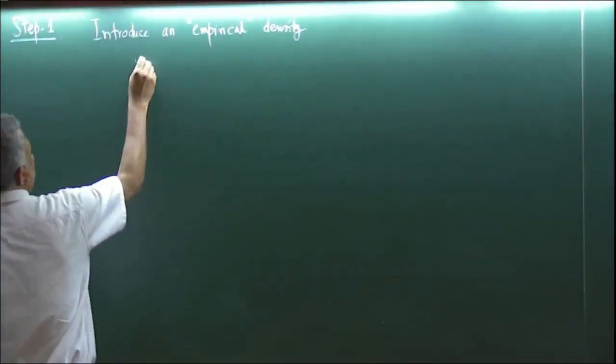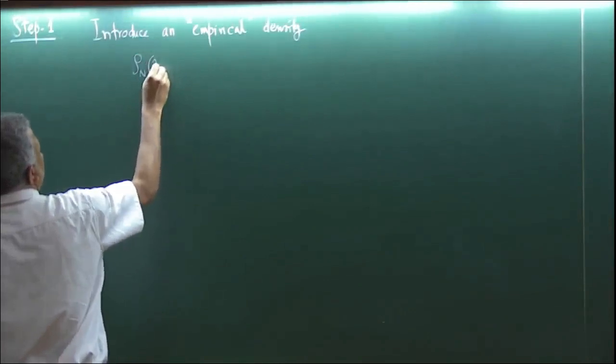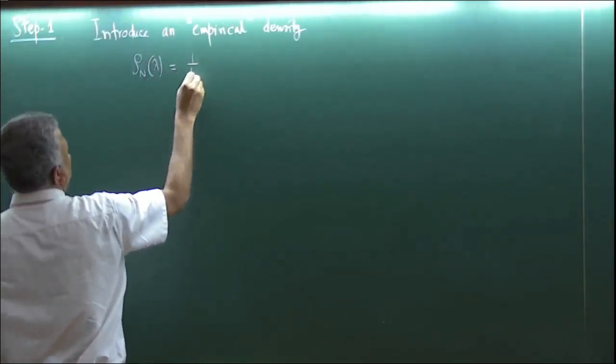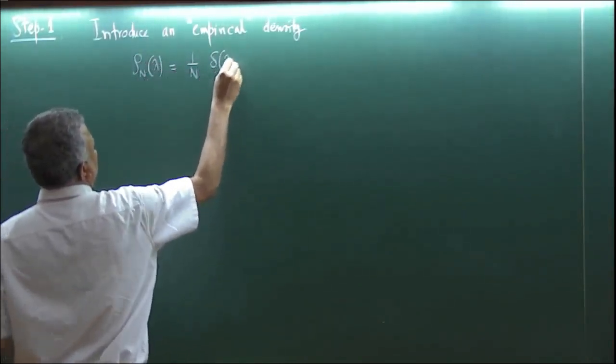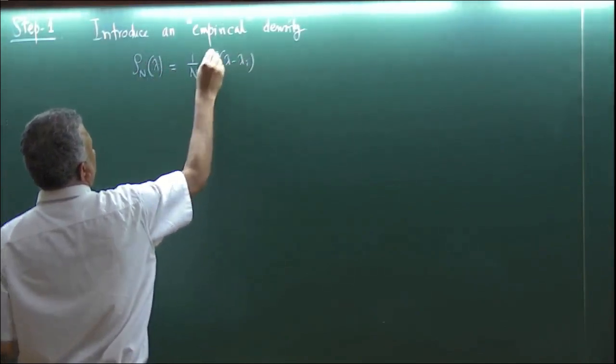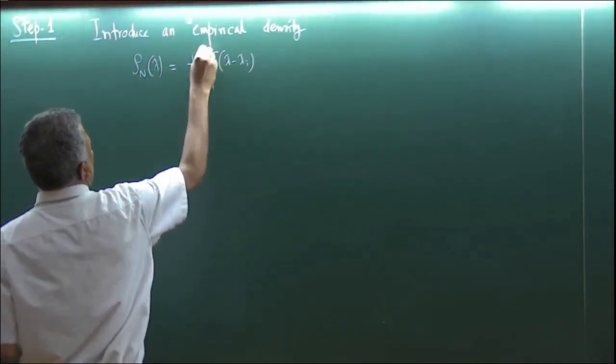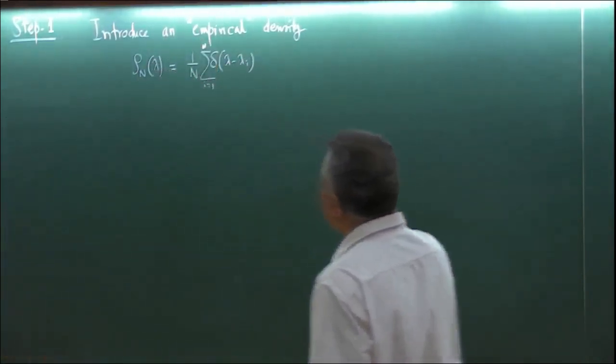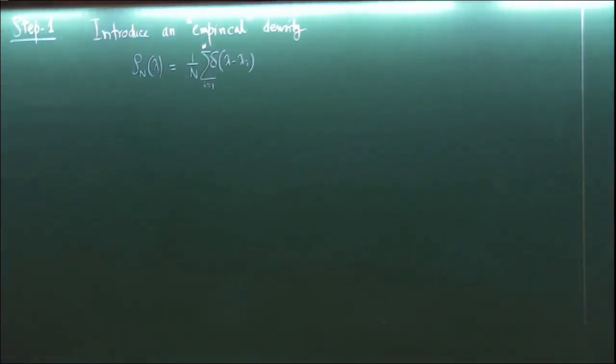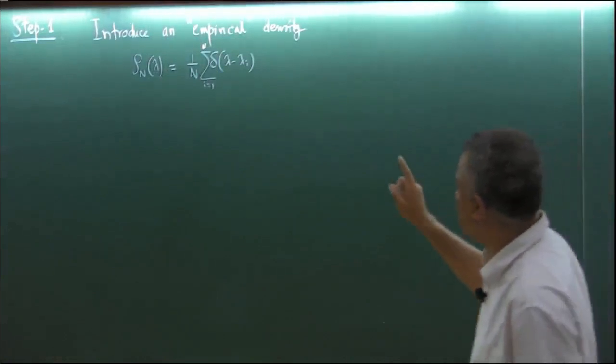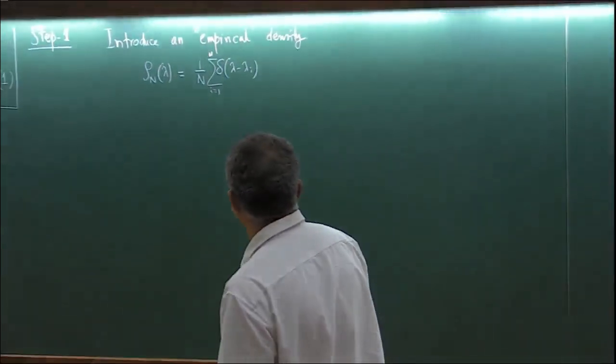This object just gives you the local fraction of charges between lambda and lambda plus d lambda. I've not averaged over anything yet.